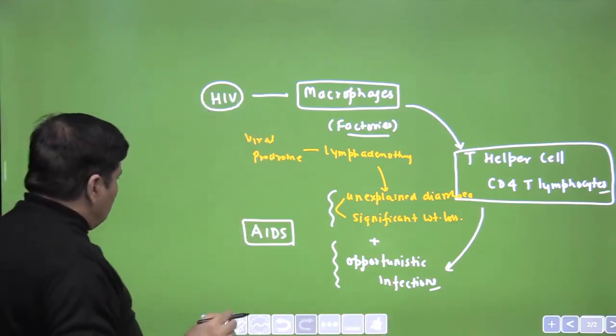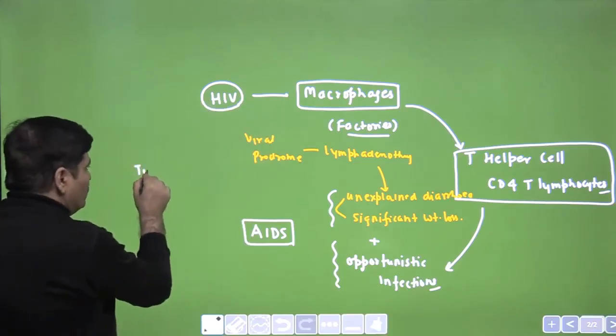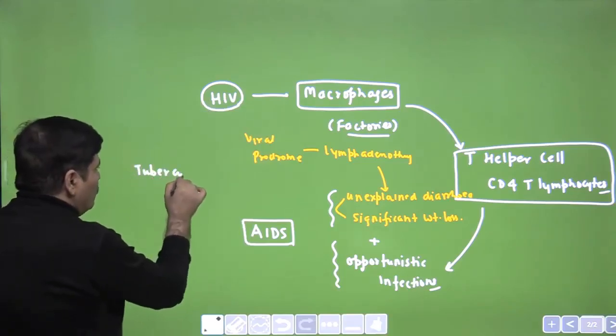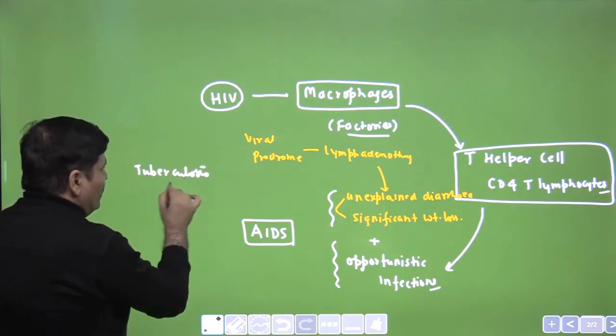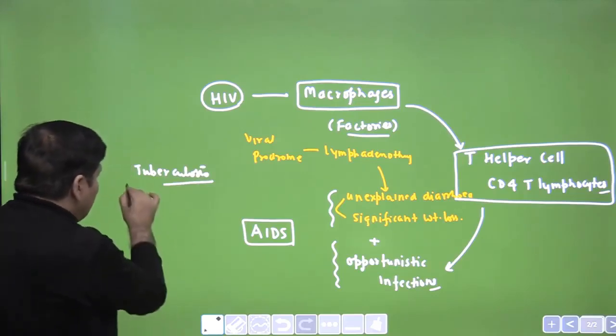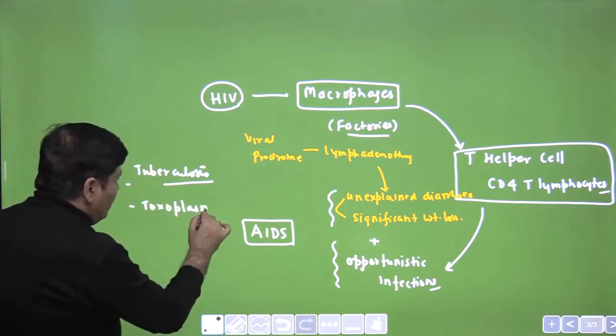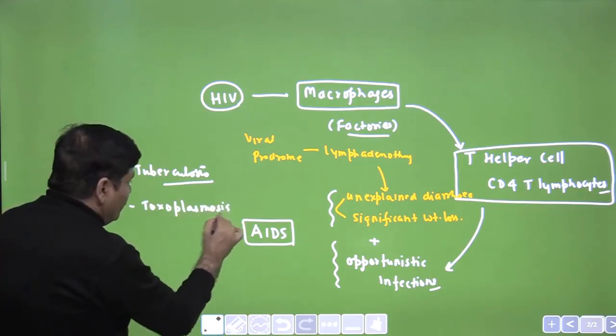And your NCERT talks about Mycobacterium tuberculosis. This is the most common opportunistic infection associated with HIV infection in AIDS patients. The second thing would be toxoplasma, and these are the two things that are given in your NCERT, but I will tell you two more.